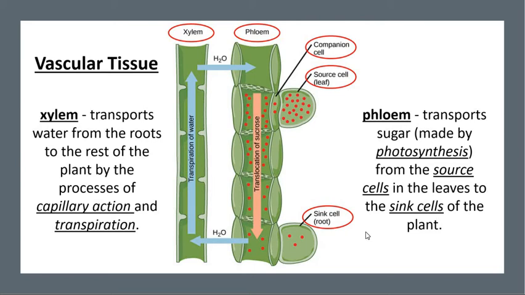We know water is coming from the roots. But the question is why is water going up? It doesn't generally do that. We think water goes down with gravity. Okay? That's because of that thing called capillary action and the other thing called transpiration. They kind of defy gravity in this scenario.